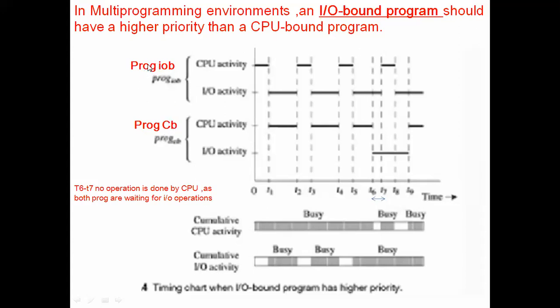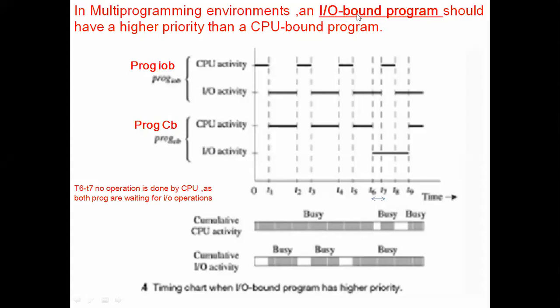The first involves a lot of input output operations and less CPU computation, less CPU activity. The second, program CB, is CPU bound, which involves a lot of computations and calculations and less IO activity. In this case, the highest priority is always given to IO bound programs. This is the concept here.